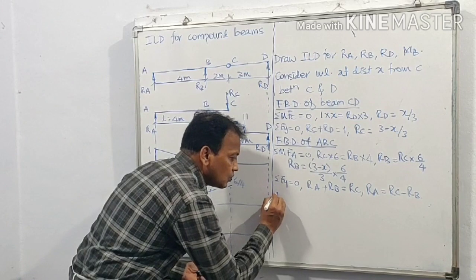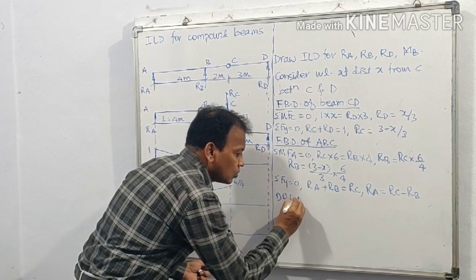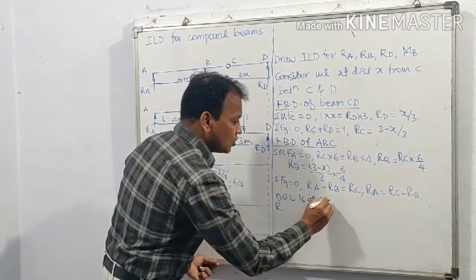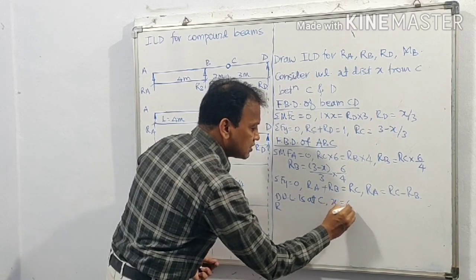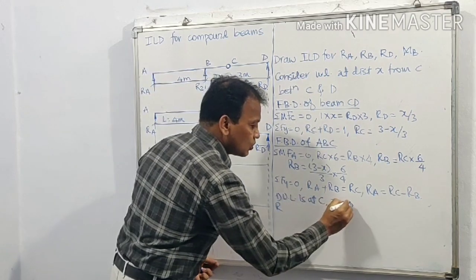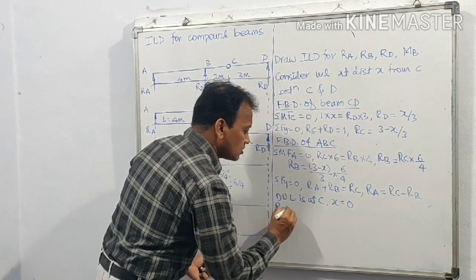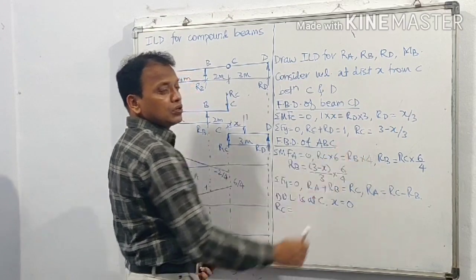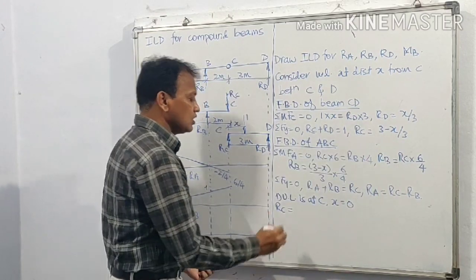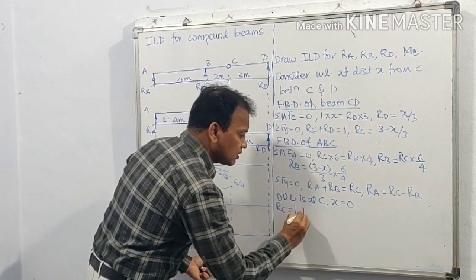So first, when the unit load is at C, x is equal to 0. So RC is equal to (3 minus 0) upon 3, that is 3 upon 3, so RC is equal to 1.